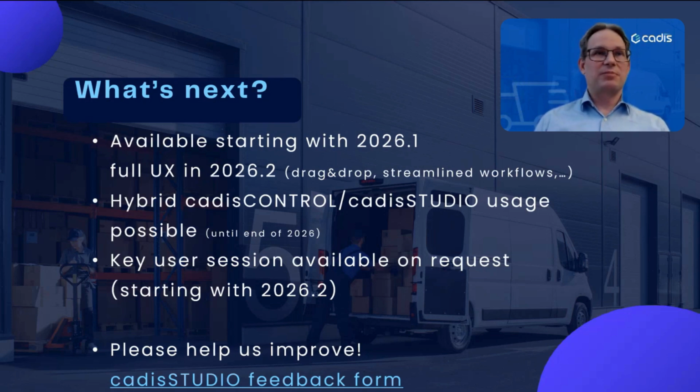I'm already quite happy with 2026.1, just like Anne. I've never opened cadisControl anymore if I can help it. So you're doing me a personal favor if you update very quickly, or not only me, but our whole support organization and consulting organization will really love you if you update early.